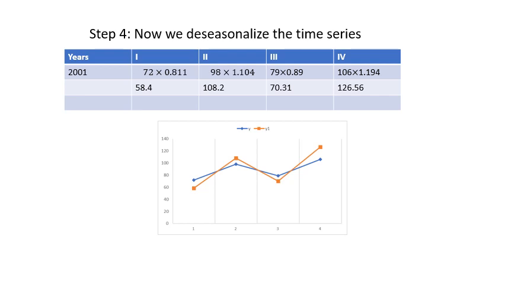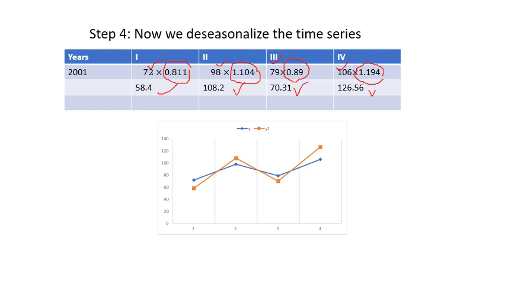Now these are the original values, these four, and these are the seasonal index obtained in the previous slide. Now what we have done, we have just multiplied the seasonal index with the original data, and the result will be deseasonalized data.